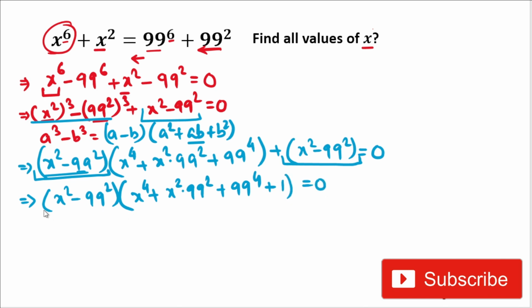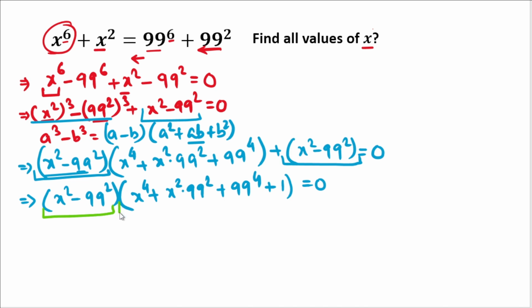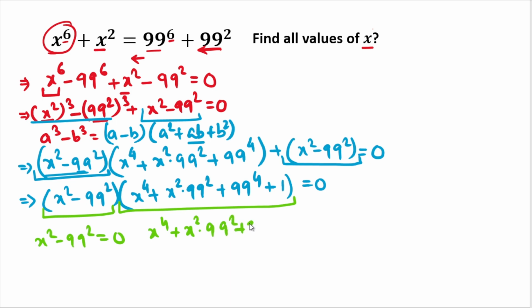Now here the multiplication of two factors, there is one factor and this is another factor, is 0. So we can write either x square minus 99 square is 0, or the second factor, that is x raised to the power 4 plus x square times 99 square plus 99 raised to the power 4 plus 1, will be 0.